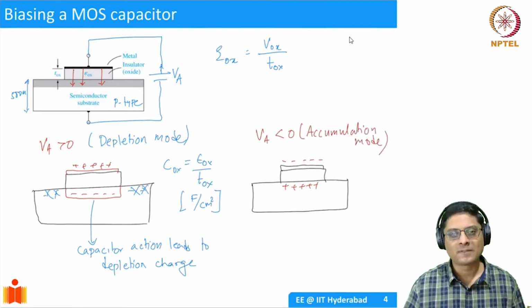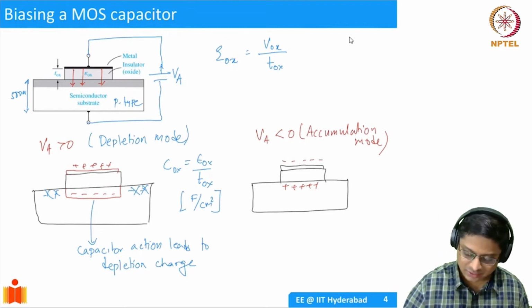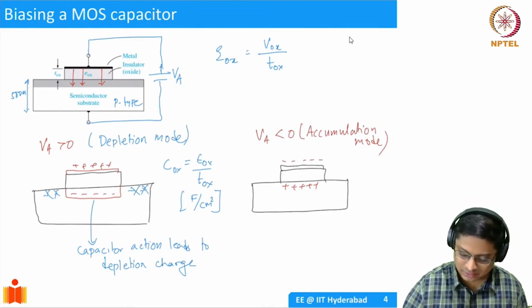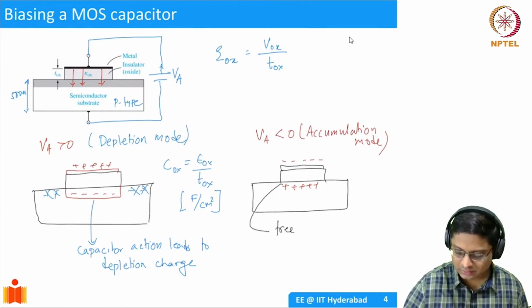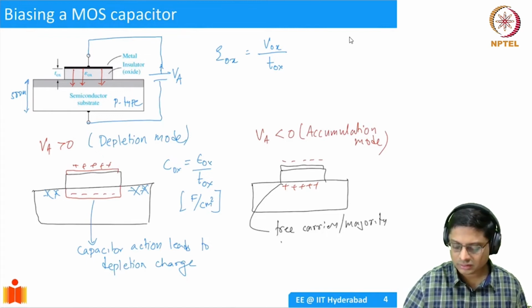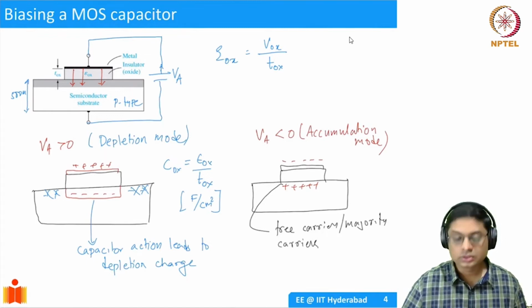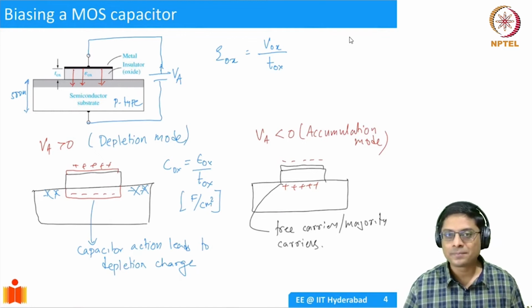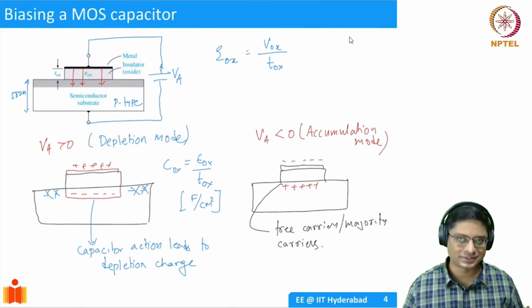Okay. Remember, whenever we say accumulation, we are talking about majority carriers. They are free charges. Okay. These are free carriers or majority carriers. So physically, where will they be? They will be just under the interface.